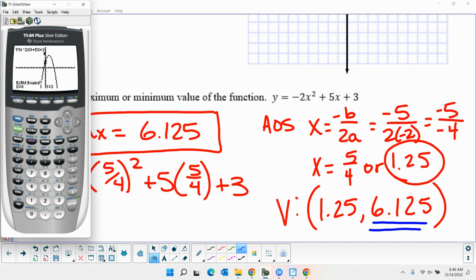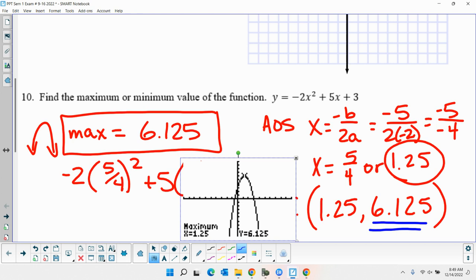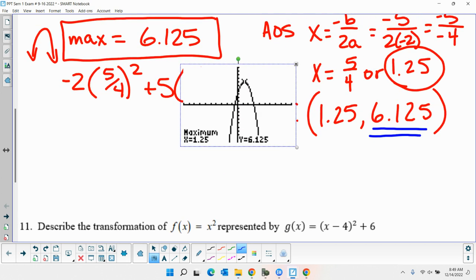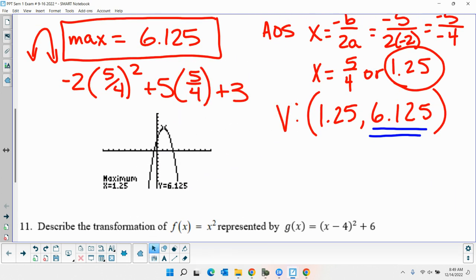Hit enter. Am I right of it? Nope. I got to go around. So hit my right arrow key, go around to the right of it. Hit enter, and then guess, hit enter. And I get y equals 6.125. You can do it that way too. All right. So if you want to use the calculator for that problem, you could. Okay. Questions?